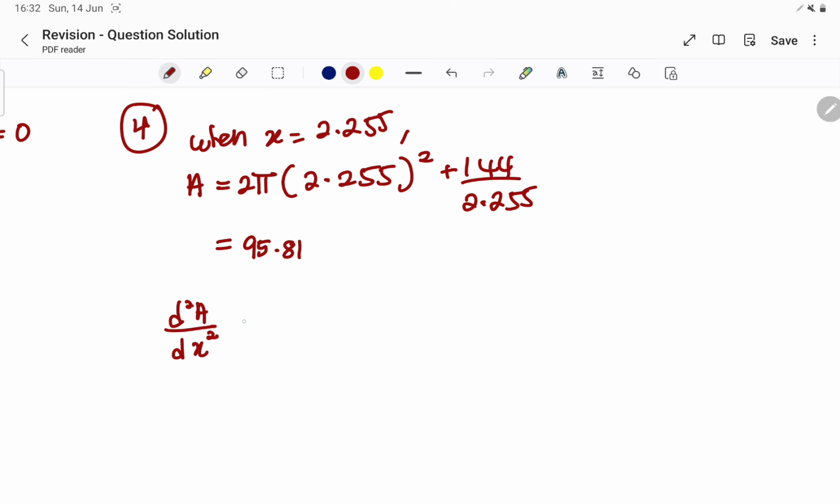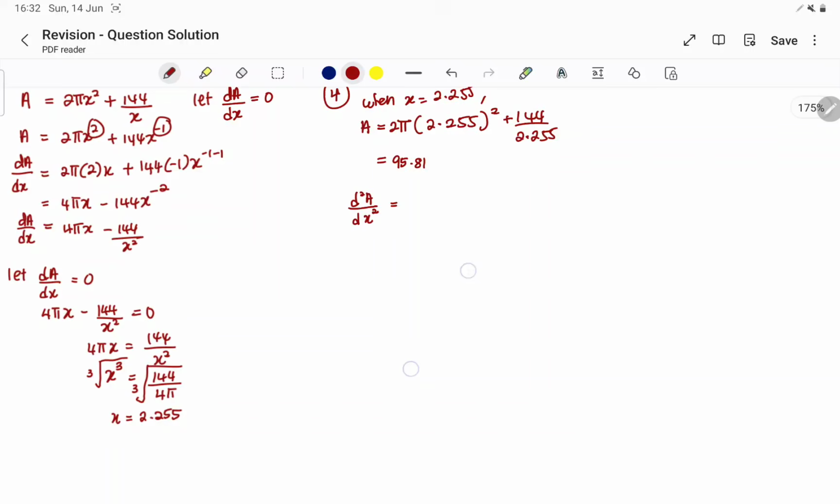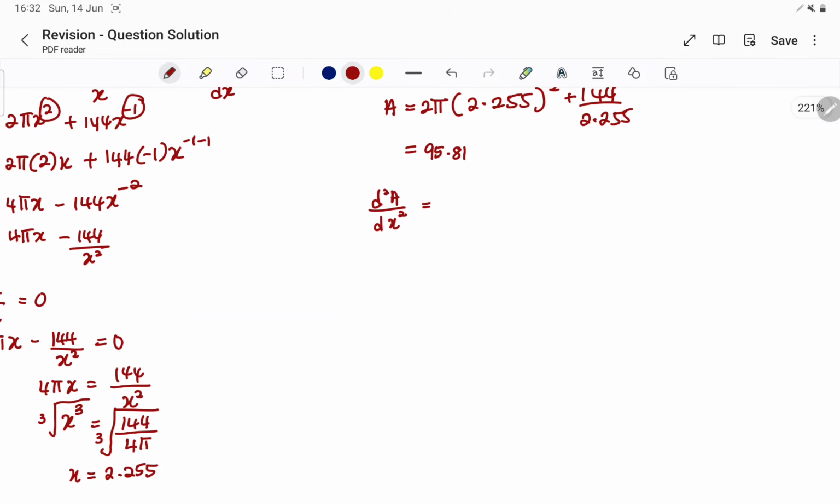Now you differentiate one more time, and you get 4 pi minus 144 times negative 2 x to the power of negative 2 minus 1. So you get 4 pi plus 288 divided by x to the power of 3, because you can bring x to the power of negative 3 to become a fraction.